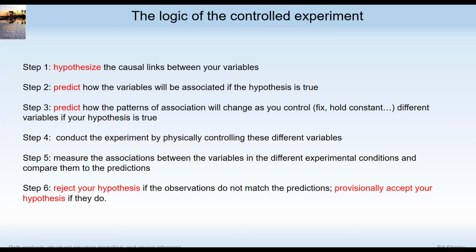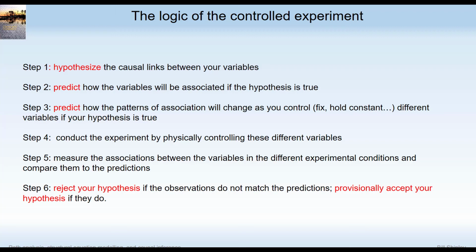And does the color return if I then allow the kidney to function naturally? And the final step then is that you reject your hypothesis if the observations don't match the predictions. And if the observations do match your predictions, then you can provisionally accept your hypothesis.